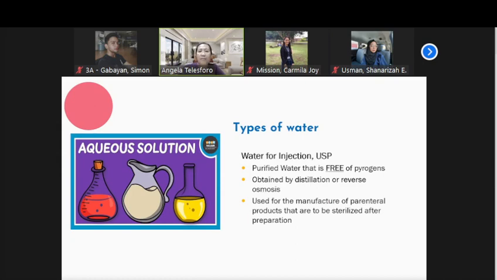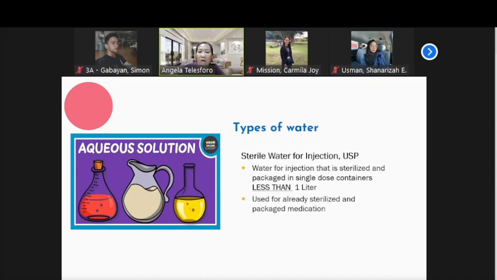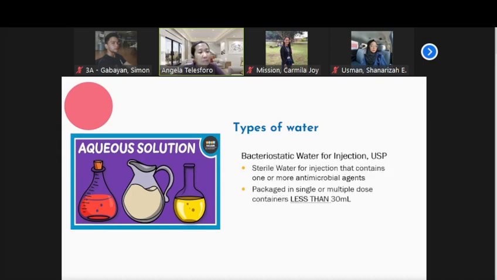We have sterile water, so we have water for injection, sterile water for injection. This is water for injection that is sterilized and packaged in single-dose containers, which is less than 1 liter. They are used for sterilized and packaged medications. Bacteriostatic, by the word, it only inhibits. It is less than 30 ml.